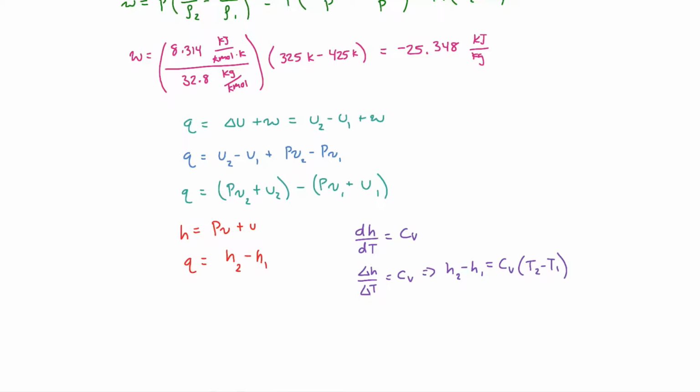So we could say that Q is simply CV times T2 minus T1. Now, one thing to note is that this specific heat at constant volume is in terms of the entire mixture. That is very important to know. So we are given T2 and T1, but we're not given CV. So that's our next goal, to find that constant specific heat for the mixture.